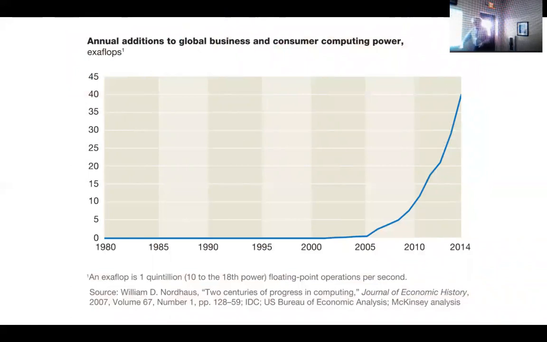This is when cloud computing started to become a thing, and virtualization became a thing where you can have virtual machines running on multiple machines. You can just see that the amount of computing power that's available to everybody is humongous, and it's a relatively new thing. This is the end of 2014, and it's still going up. So there's lots of computational power available now. The question is how can we use it?